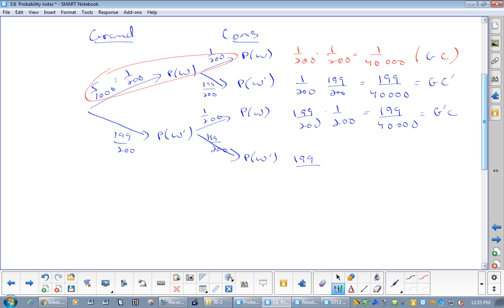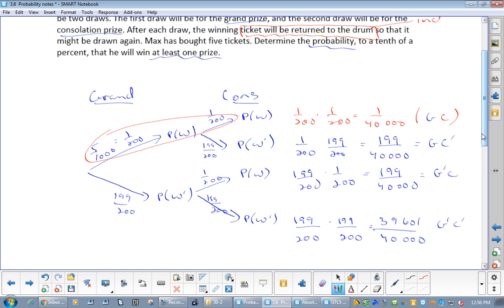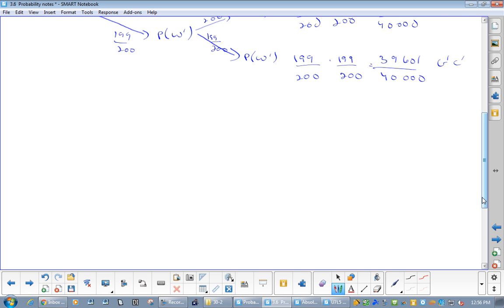You can see that one is the most likely: 39,601 over 40,000. That's not grand, not consolation.